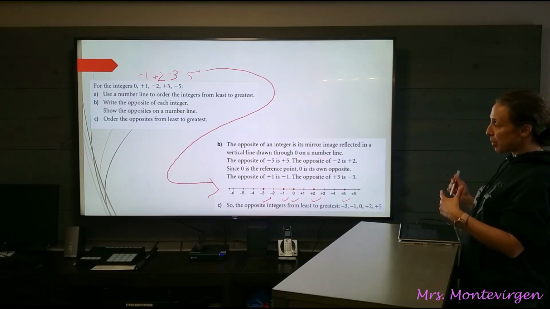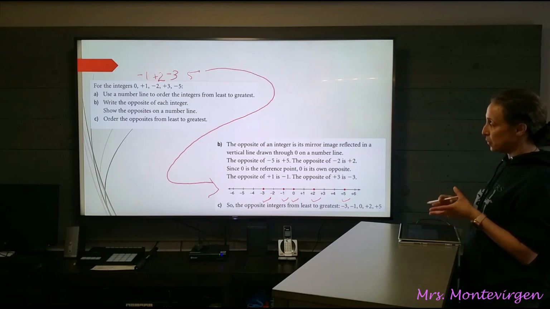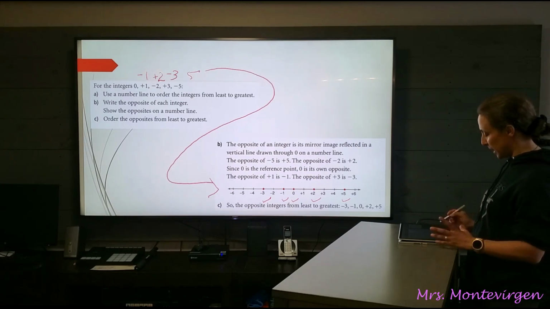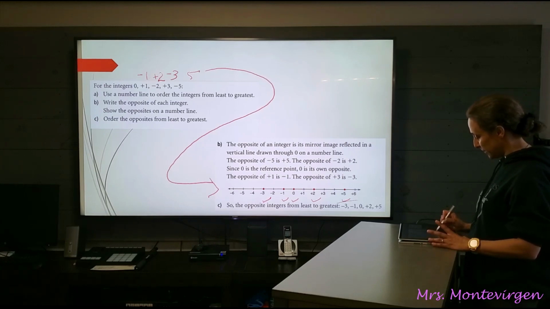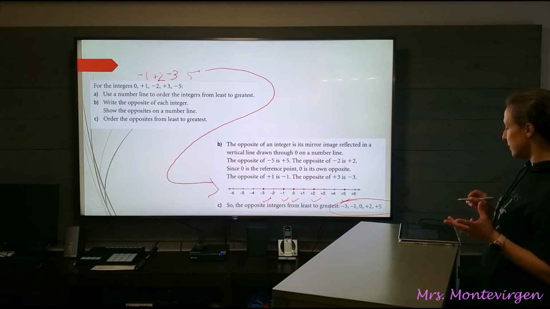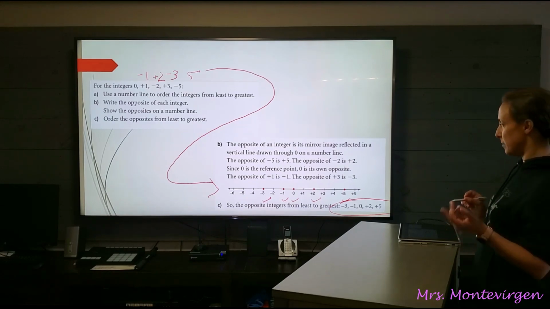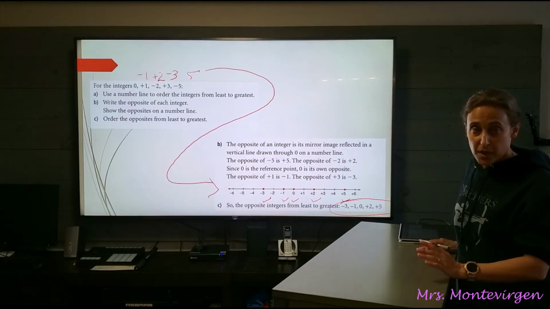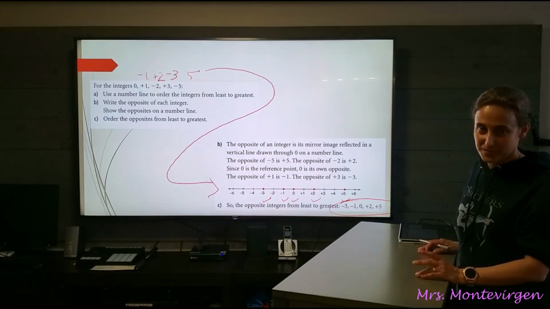And the last portion, which is C, is asking us to rank them from least to greatest. Again, now that I have my number line, the answer is literally in front of me, and that's what I have down here: negative 3, negative 1, 0, positive 2, and positive 5. All right, and there you go. You have comparing integers. See you later.